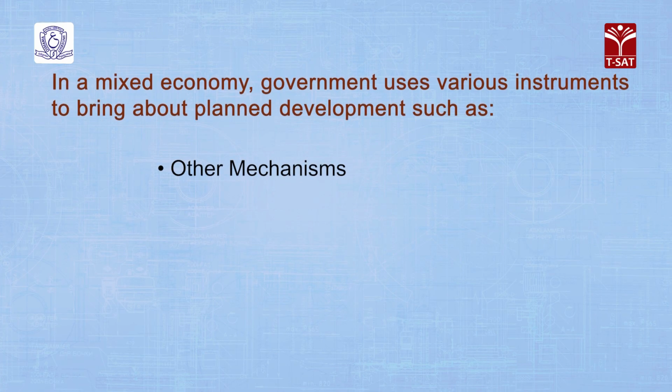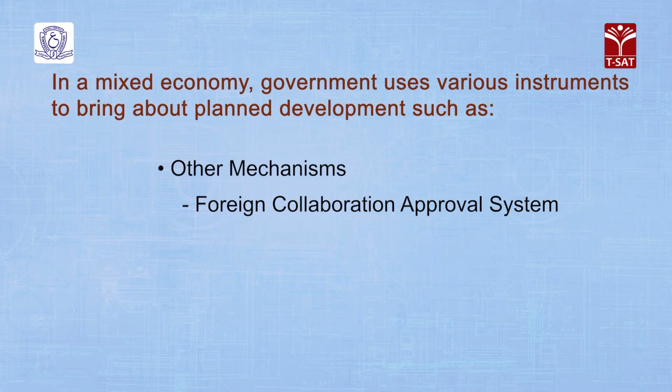The other mechanisms which are part of mixed economy are: government also tries to regulate the private sector through capital issues control. It means that the corporate sector is required to obtain government's permission for the issue of any capital, equity, debenture, bond. Foreign collaboration approval system.